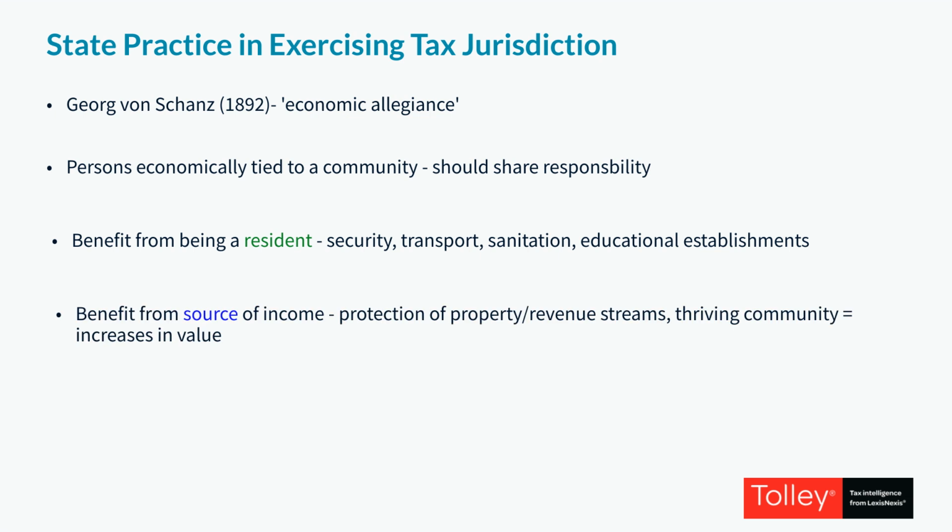Similarly, if a person benefits from having a source of income in a country, which means they are benefiting from that country's laws, protection of property, or from having a regular income stream from that community, or from having a thriving economic community that can help them grow their income and profits and lead to increases in the value of their assets, then such person should also share in the responsibility and pay some tax.